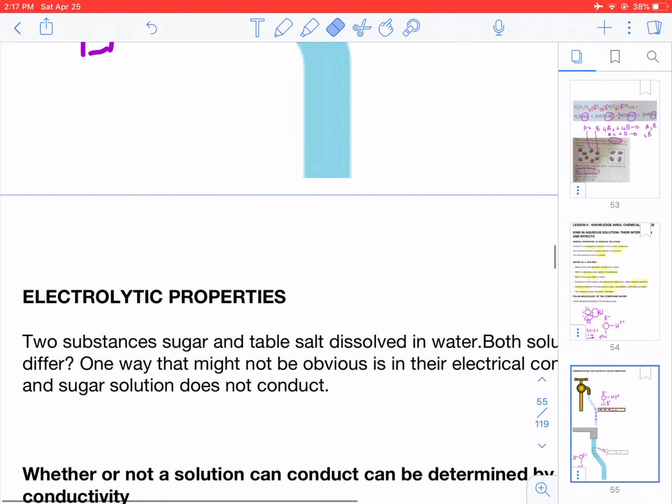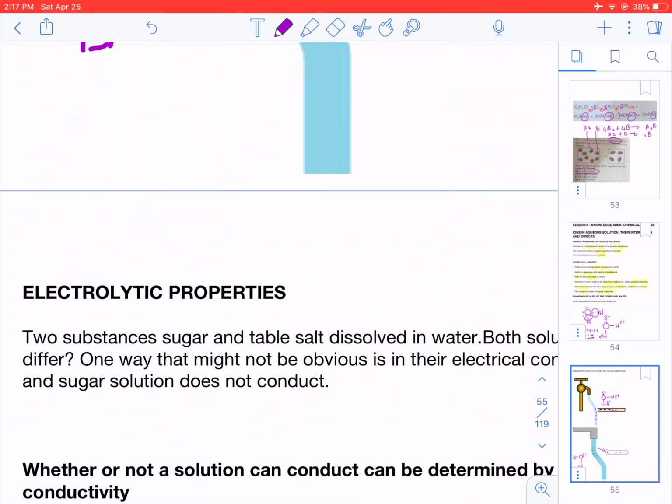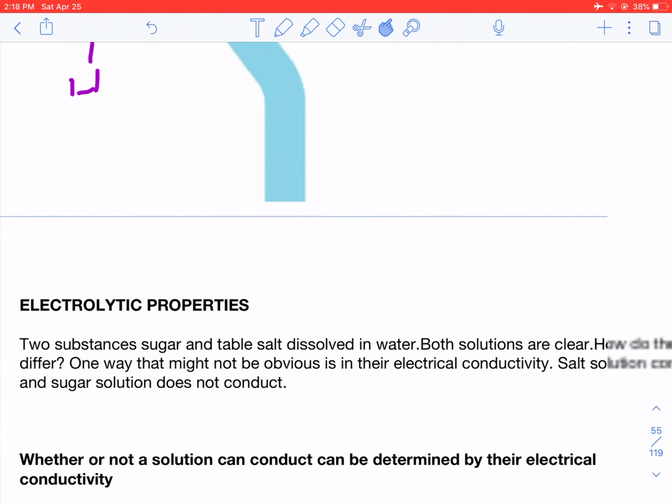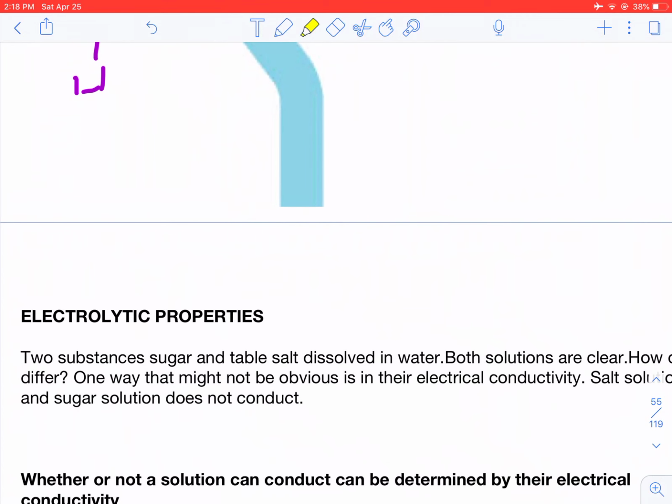Right, now let's look at electrolytic properties. Let's say, for instance, we have two substances: sugar and salt, and they both dissolve in water.